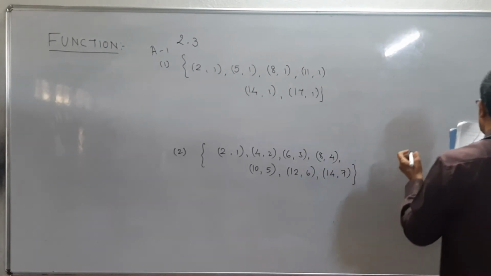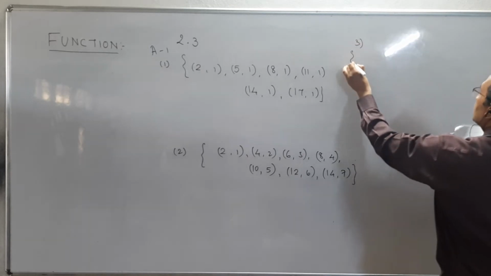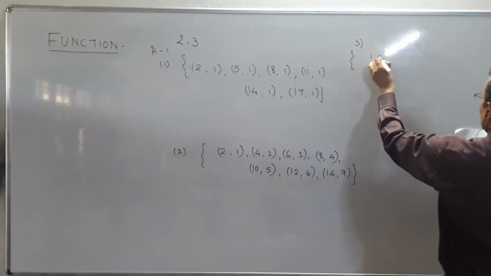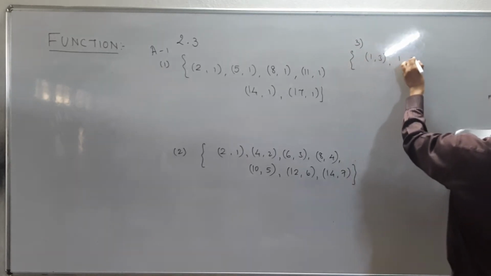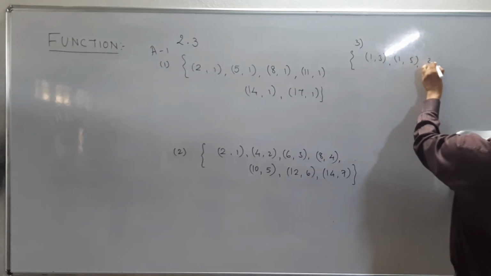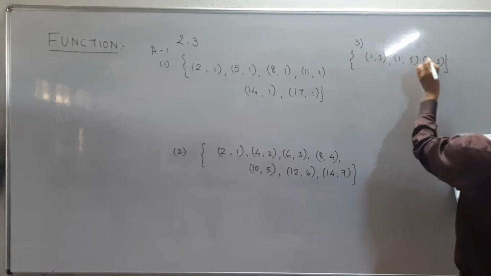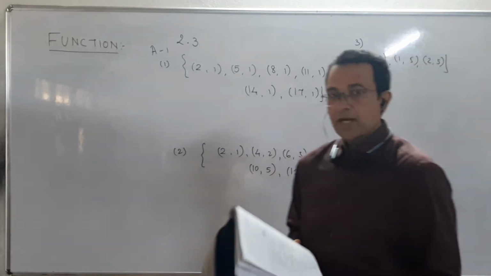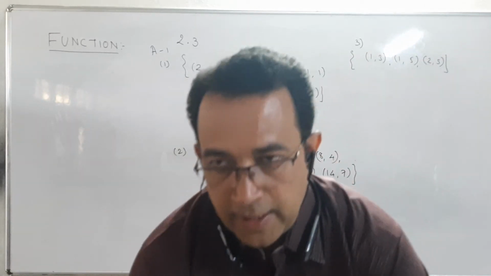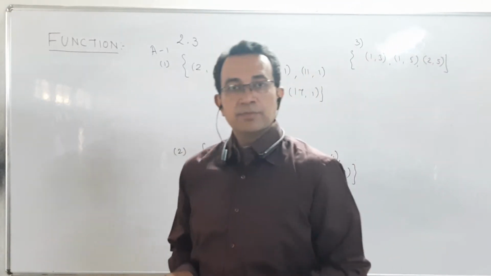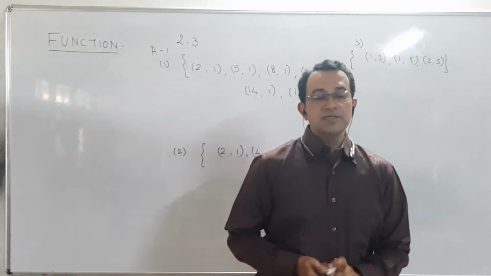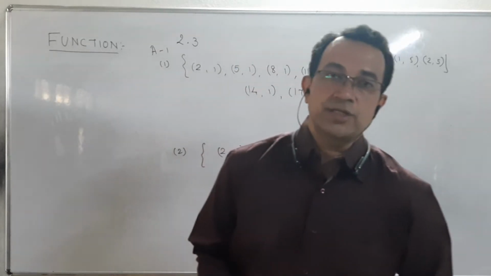Okay, let me write the third also. Set of ordered pairs: (1, 3), (1, 5), and (2, 5). I told you every function is a relation, but every relation, students, is not a function.